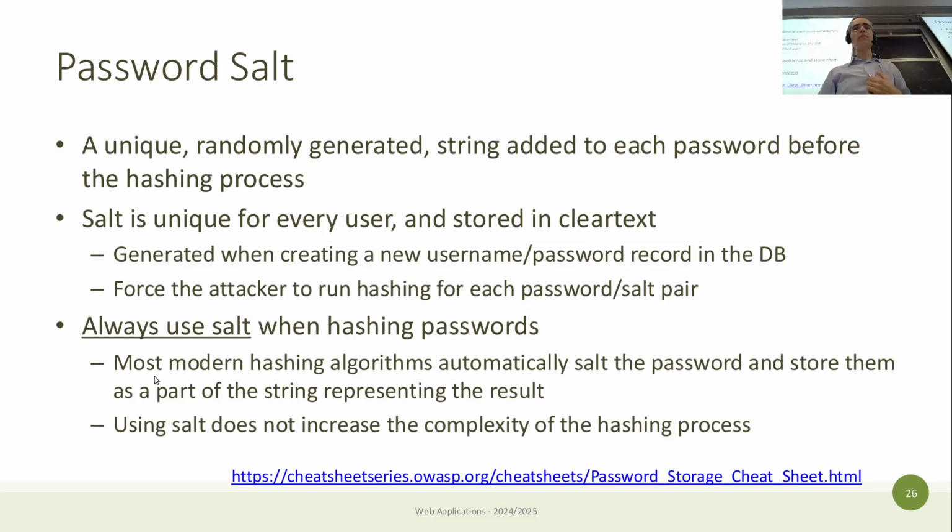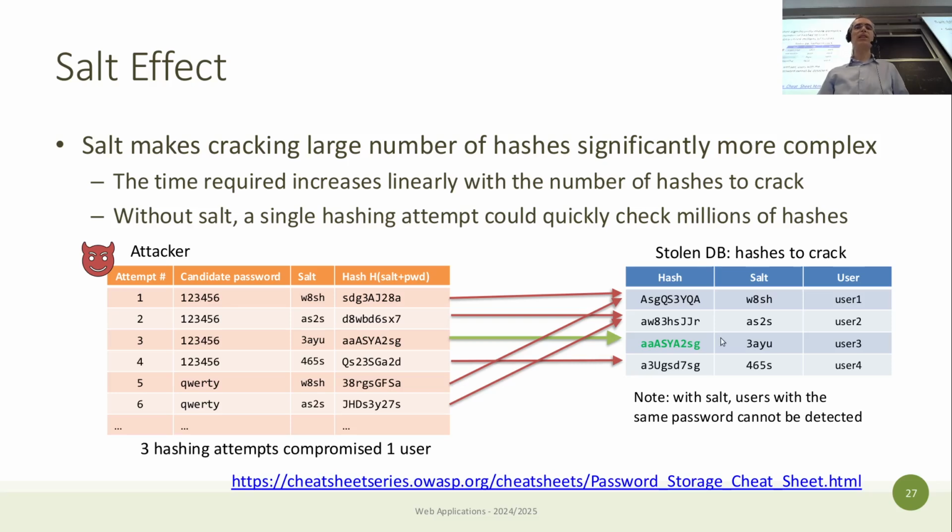Okay? Most of the modern hashing algorithms automatically add the salt to the password. Not ours, unfortunately, but I mean, it's so easy to write. Maybe the algorithm does, yes, but we need to store the salt explicitly in the database.